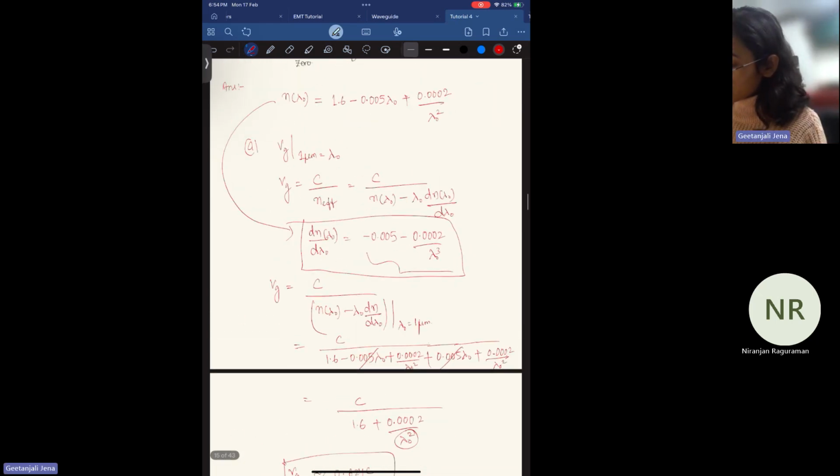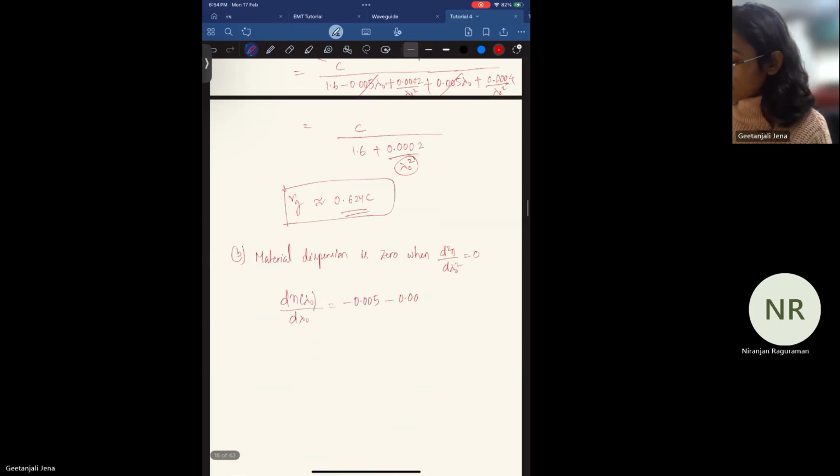I think this is 4, right? Because lambda square, it will give multiply by 2. This should be 0. If you see, there is no lambda term here. Only this will give lambda 0 is 0.